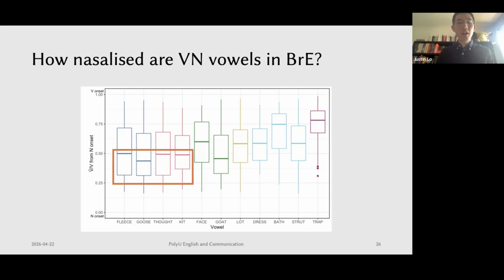Again, we have low degrees of nasalization, particularly in the close, high vowels, and we have this more or less gradient effect. But again, we see that the two vowels stand out as doing something slightly different, as having particularly high degrees of nasalization in British English, well, Southern British English anyway. So we have bath and trap again being the standouts.